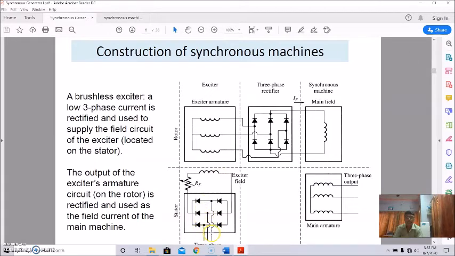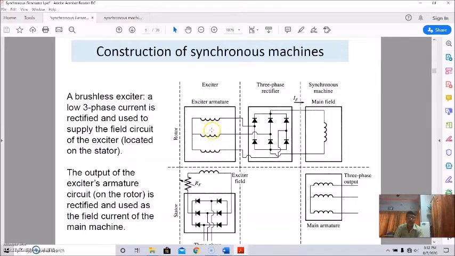Basically, this is a low three-phase current which is being rectified here, and this rectified output is given to the exciter field circuit. The exciter armature is actually an AC generator.